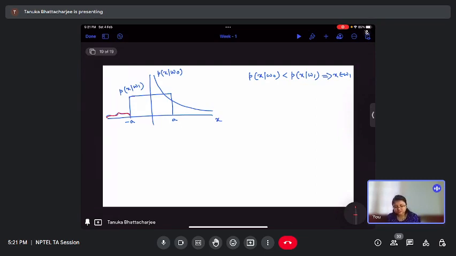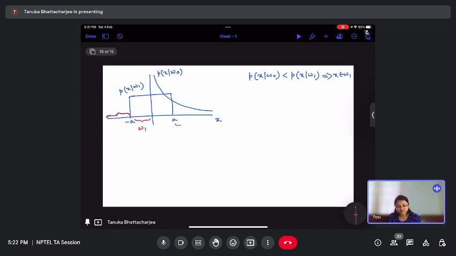Now, for the portion from minus a to 0, the class conditional density for class omega 0 is 0, whereas there is some finite class conditional density for class omega 1. So, you will always have probability of x given omega 1 greater than probability of x given omega 0 for this region, so we can always assign this region to class omega 1.